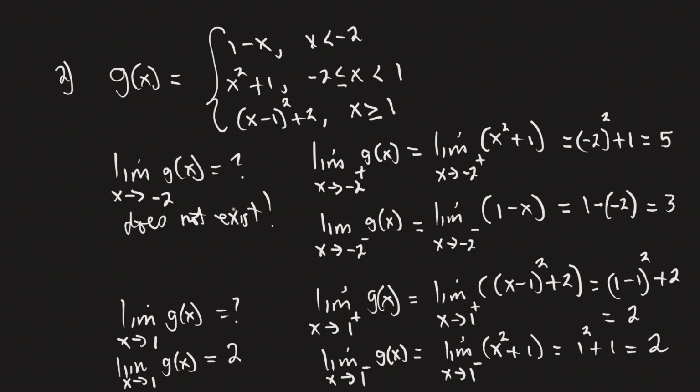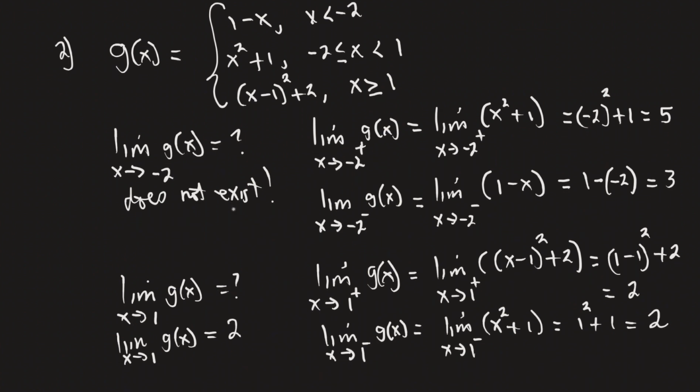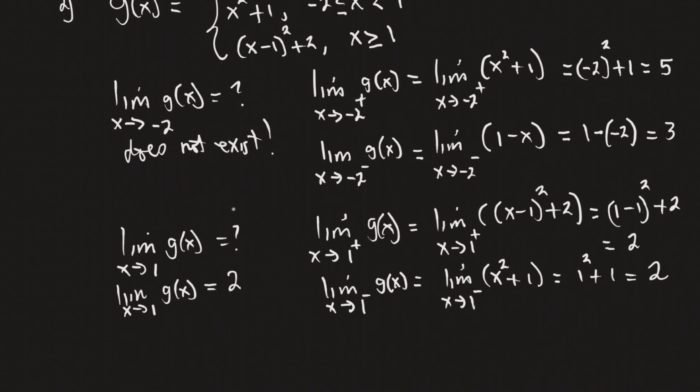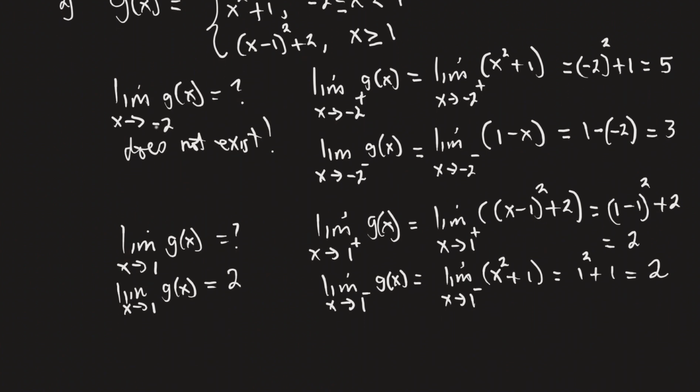Let's do a third one, not a different piecewise function, same piecewise function, but just a different limit, not -2 or 1. So what if the question is, what is the limit as x approaches 5 of this function? Well, when x is approaching 5, there is no break in the function.